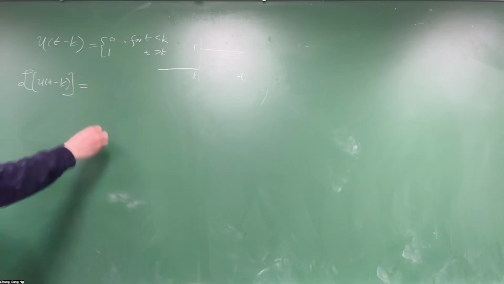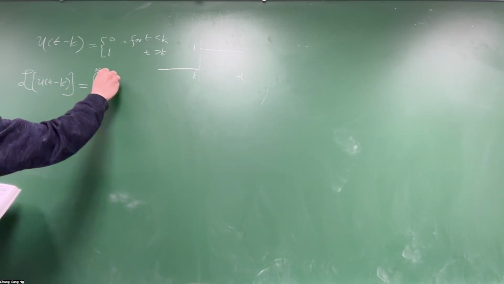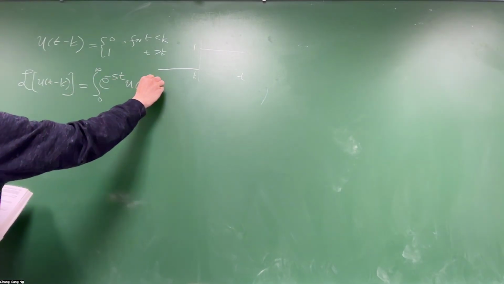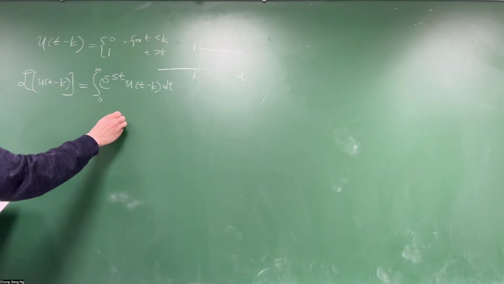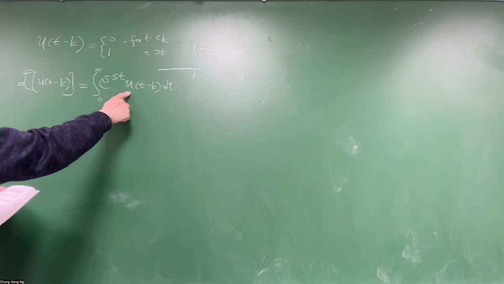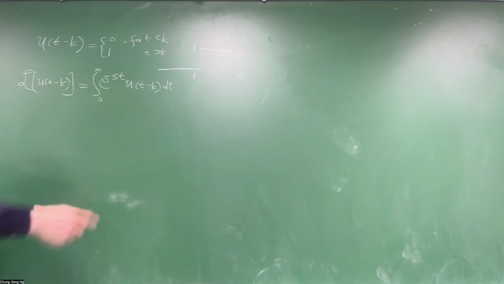we just follow the definition: the integral of e to the minus s t times u(t minus k). Obviously, k should be positive. If k is not positive, it just means you integrate from 0, and that's the same as the Laplace transform of 1.